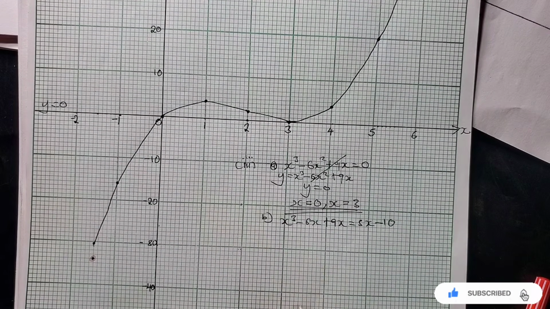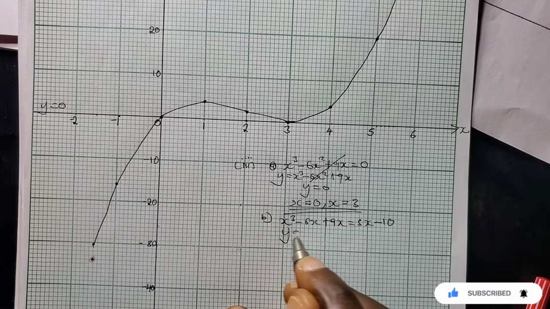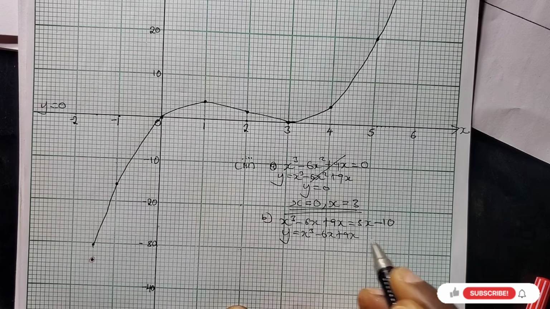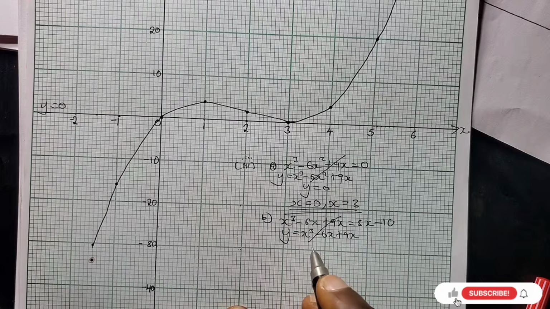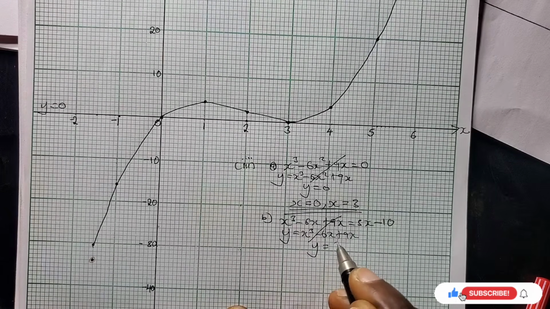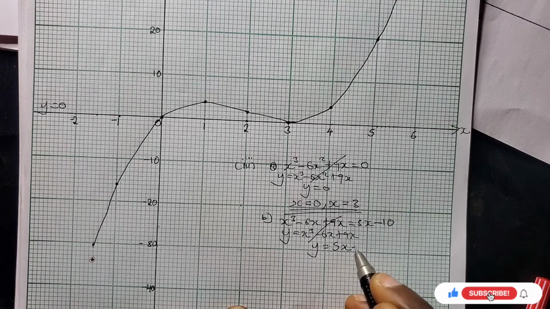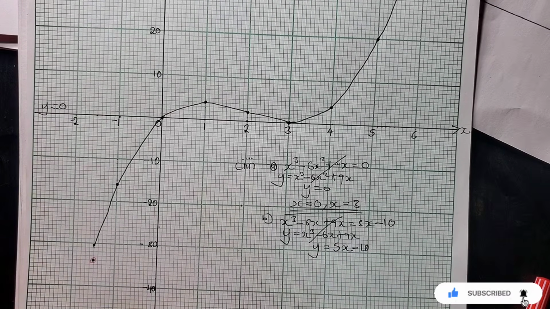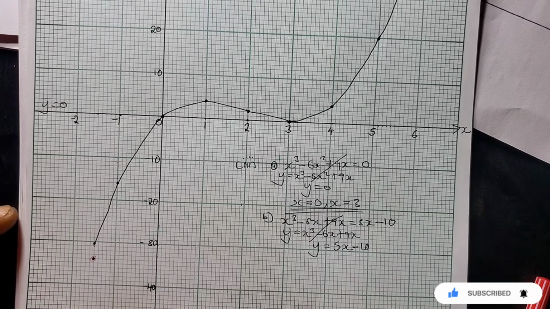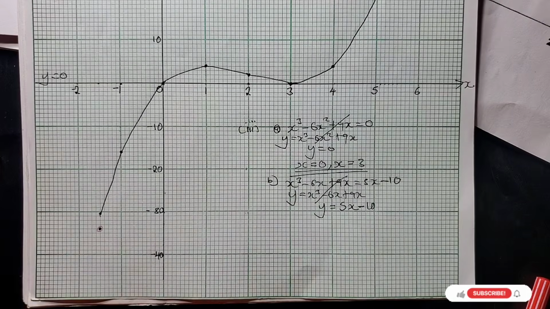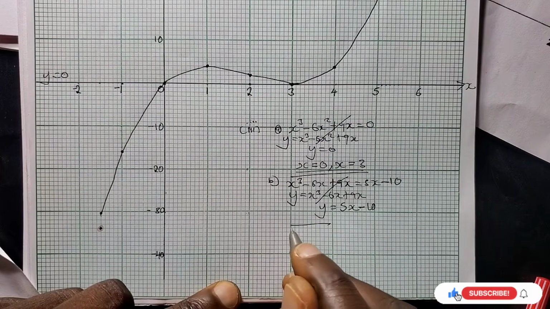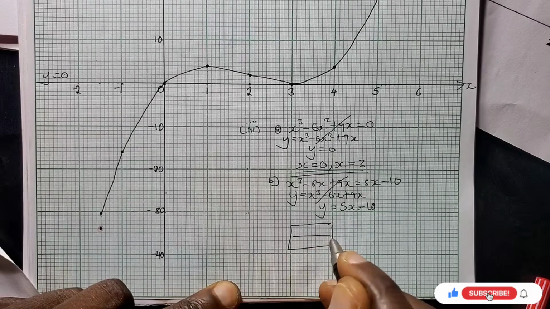Now, when you compare with the original function, which is y is equal to x to the power 3 minus 6x plus 9x, this will cancel, and y is equal to 5x minus 10. Let's draw this line. For us to draw this line, guys, you must know that you always form a simple table.